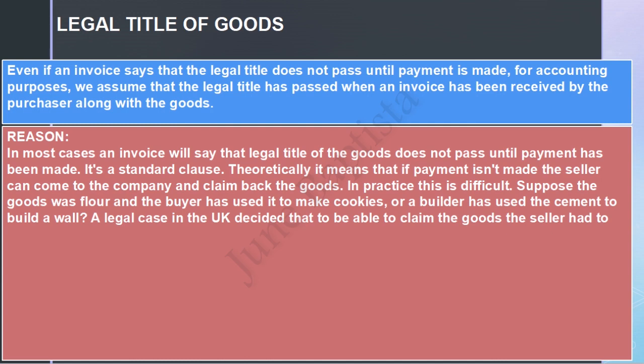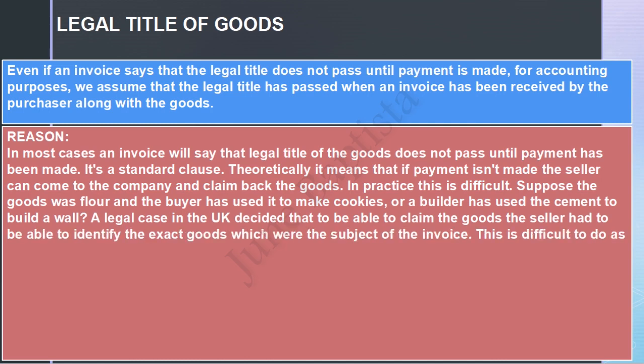A legal case in the UK decided that to be able to claim the goods, the seller had to be able to identify the exact goods which were the subject of the invoice. This is difficult to do, as illustrated in the two cases above, that of flour and cement.